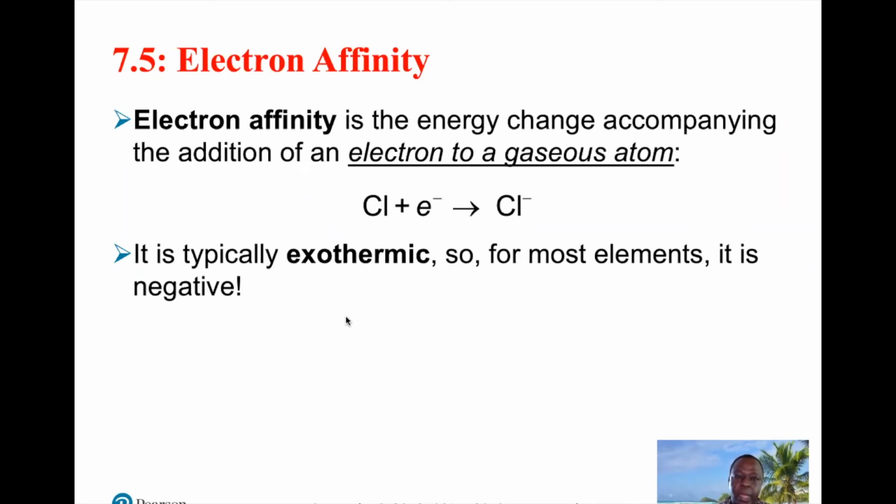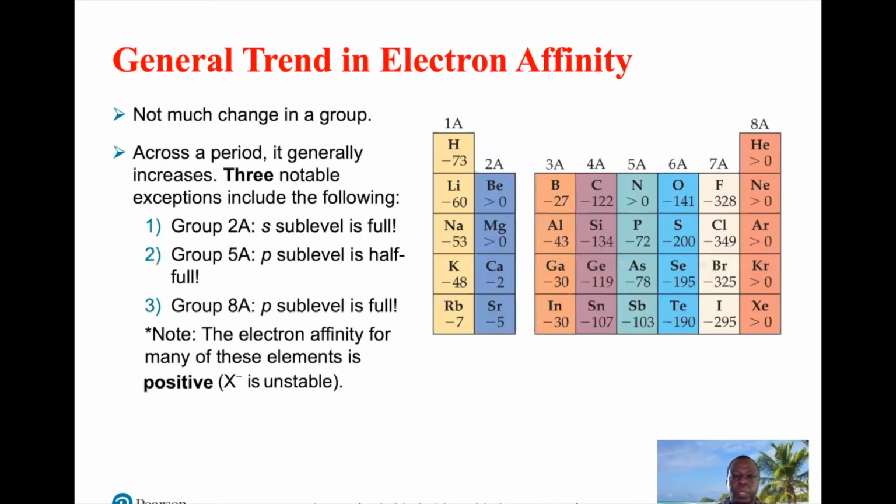We call this electron affinity. And there is a pattern as well on the periodic table. This is the general trend that as you go across, it decreases, meaning more negative, greater.